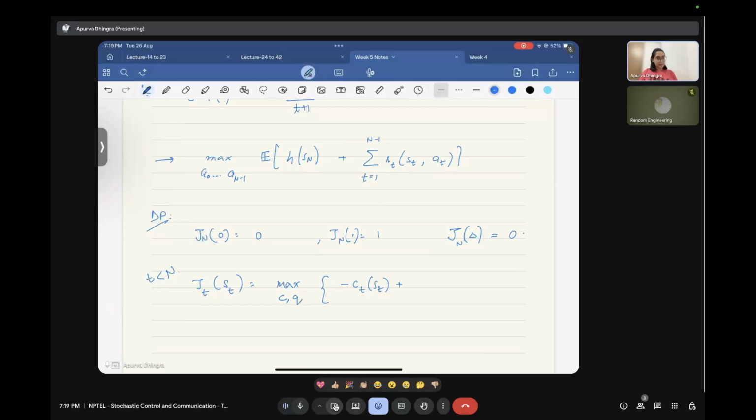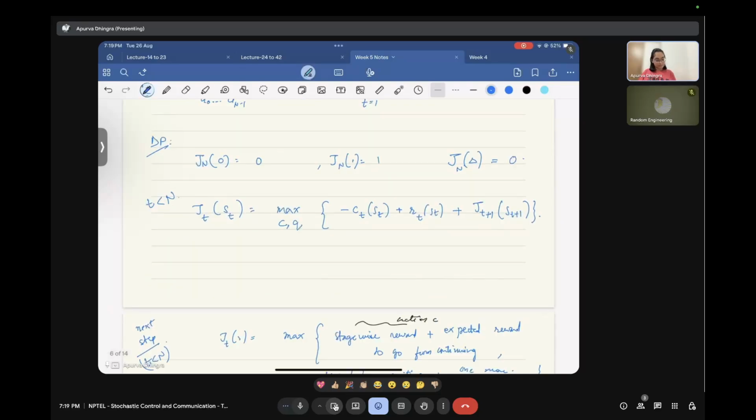So first we're writing the stage wise cost or reward, whatever that is, rt of st, then whatever happened in the previous step, Jt plus 1 of st plus 1.